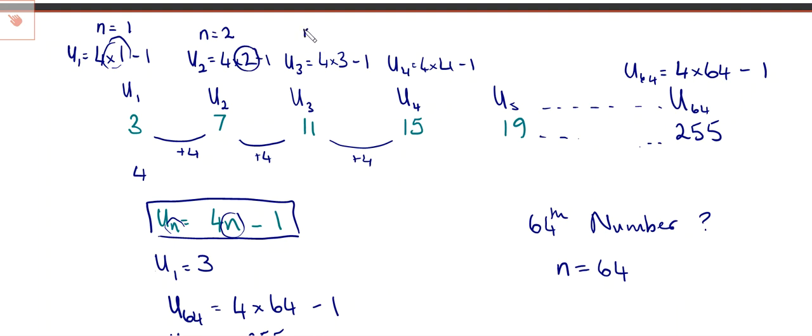The third term is when n equals 3. The 64th term is when n equals 64. Okay? So if I want to know any term, I substitute that number into the rule for the nth term. Nth term means whatever term you like.